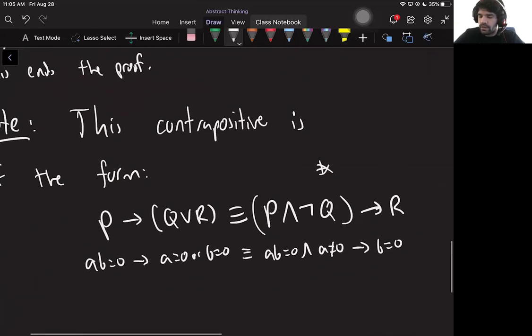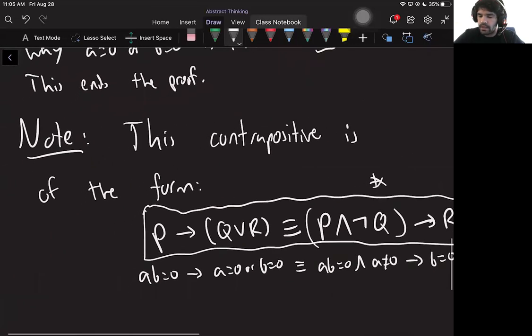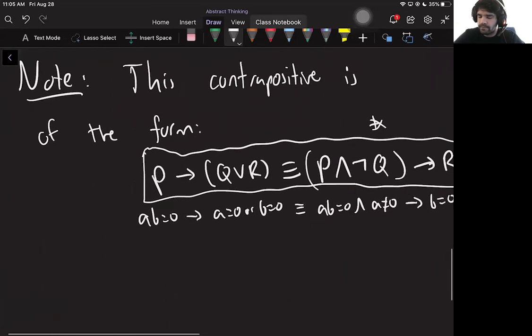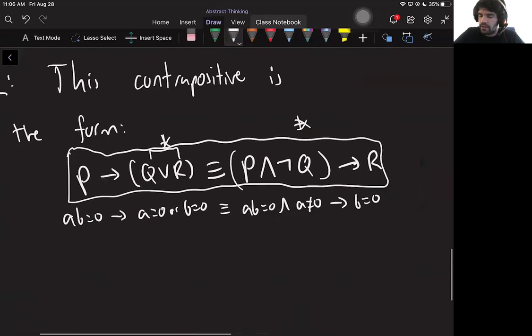So using this equivalence comes up a lot, but we don't really call it its own technique. We just naturally use it a lot. And the technique is that if you're proving an if-then, and the then has an or, like this one does, what you're always going to do is pretend that one of the two in the or is not true.